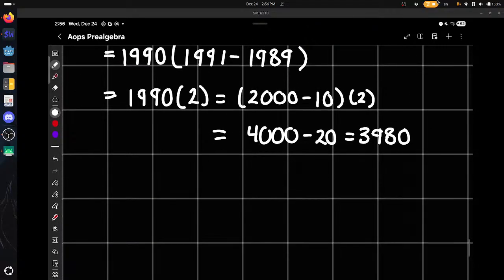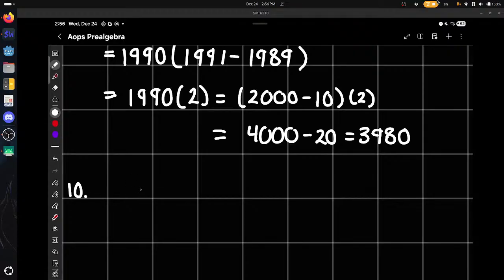Okay, the last problem. The sum of the first 10,000 positive integers is how much more than the sum of the first 10,000 positive odd numbers? So what in the world? Oh boy.